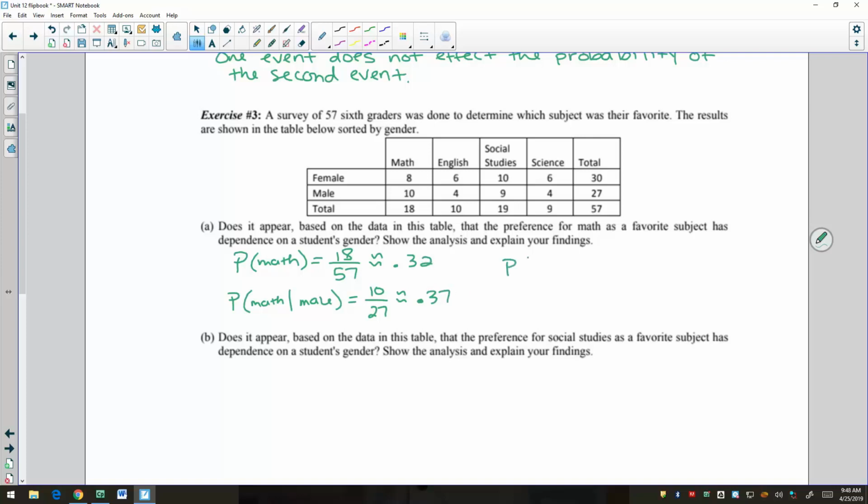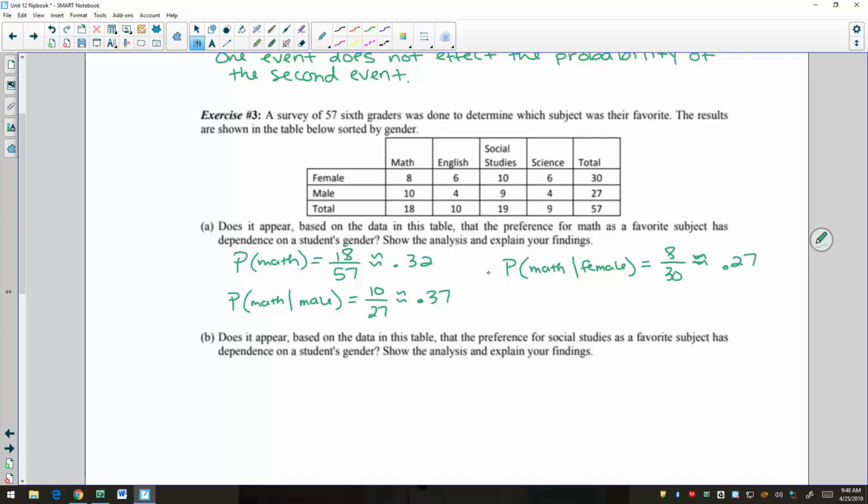We should check the probability that a person likes math, given that they are a girl, they are female. So we're only looking at the females this time. There were only 8 girls who liked math out of 30 girls total. That is approximately, I should use the squiggles, 0.27.